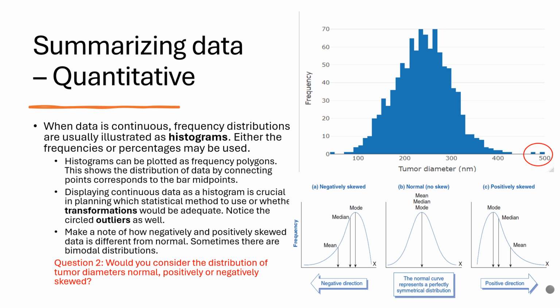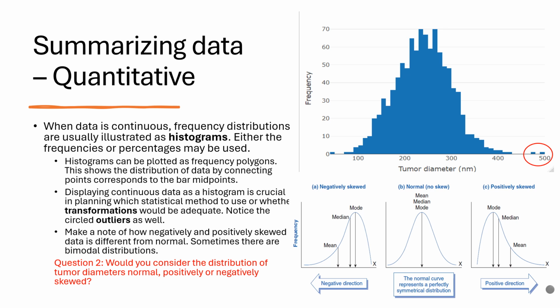Similarly, when we're summarizing quantitative data, you can see we employ a similar mechanism, but in this case, we use something called a histogram. Now, a histogram is not so dissimilar from a bar plot. In the bar plot, everything is disjointed on the x-axis, whilst in the histogram, everything is connected, really, right?